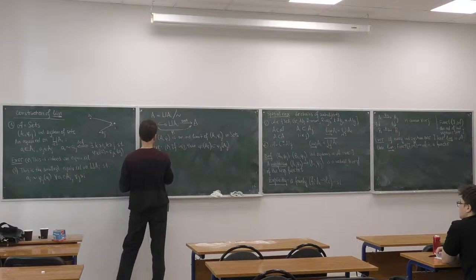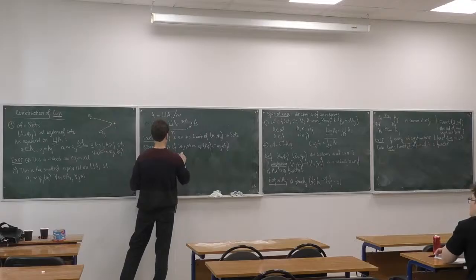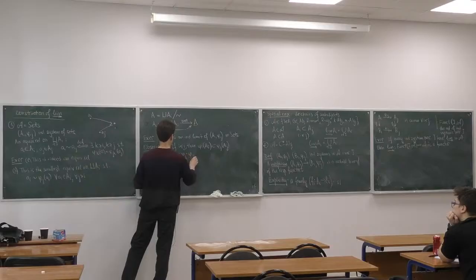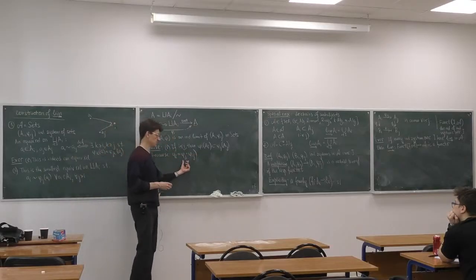This is because of the following relation: phi_i equals phi_j composed with phi_ij. So the image of this map is contained in the image of this map.